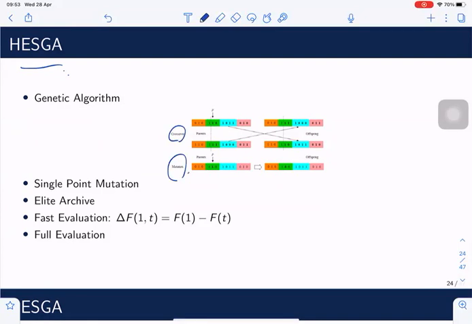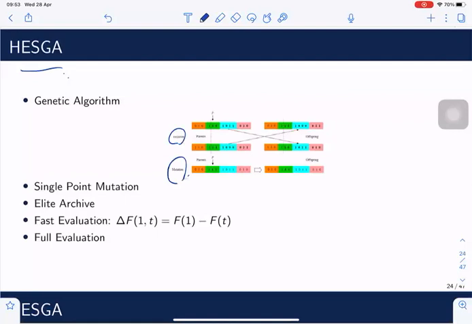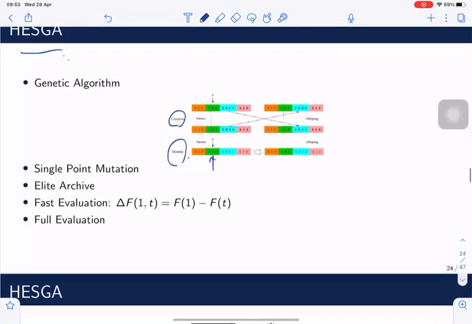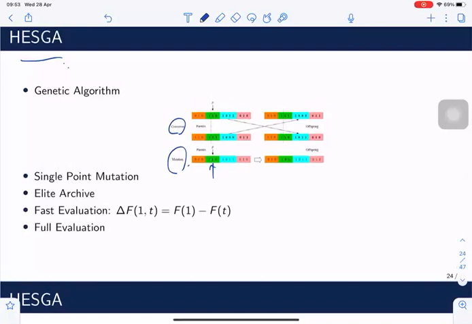We randomly choose a p point and swap the portion on the right side to complete crossover, and by changing the value at the p position from 1 to 0 or 0 to 1 to complete mutation. And our contribution for the genetic algorithm is that we proposed the fast evaluation.